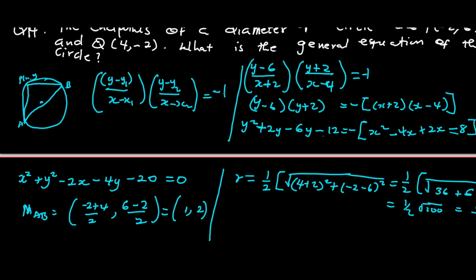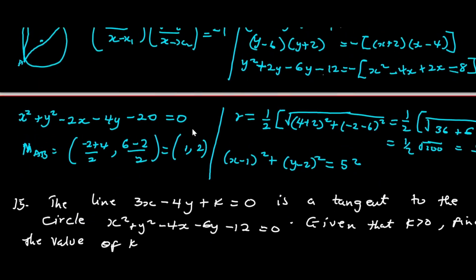So we can just substitute in the standard form, which gives (x minus 1) squared plus (y minus 2) squared equals 5 squared. Now you simplify, and you are going to get the equation we have here neatly. So you can go through this procedure and you'll also be fine.